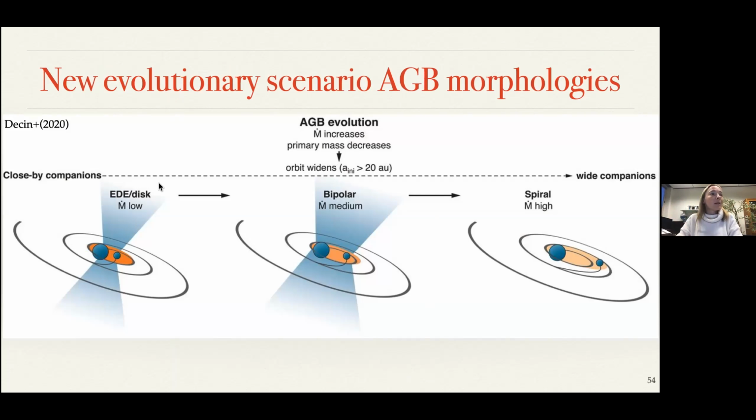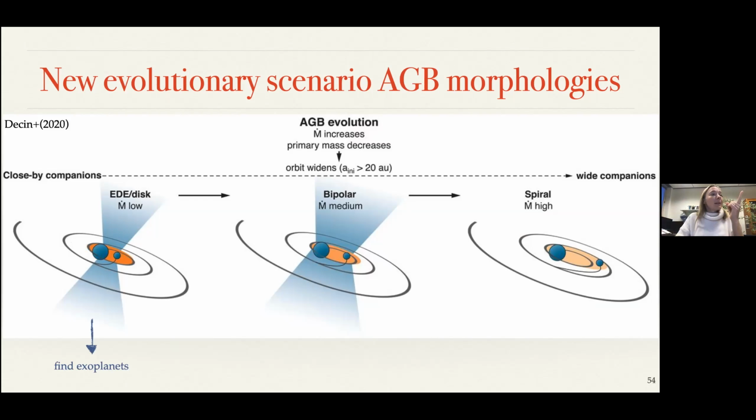These two factors both lead towards this scenario: for early type AGB phase, you have a higher fraction, I don't say it's one or the other, I just speak in terms of fractions, that have a disk, an equatorial density enhancement. And as time evolves, the mass loss rate increases, more of them go into bipolar structure, and we end with very high mass loss rates, which are dominated by, or have a prevailing geometry, which is a spiral structure.